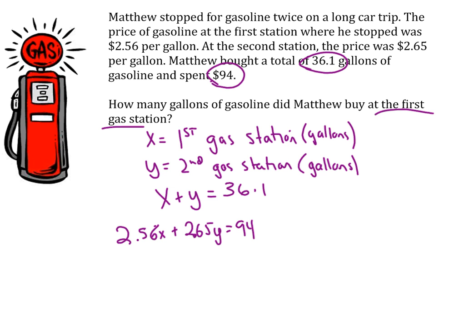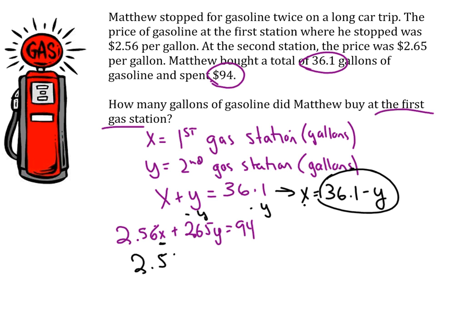Now I've got to solve it from here. What I would do is take this one and get one of the variables by itself. So I'll subtract y, so x is equal to 36.1 minus y. Then I'm going to put this in for x down on the other equation. Rewritten, it's going to be 2.56 times (36.1 minus y) plus 2.65y equals 94.